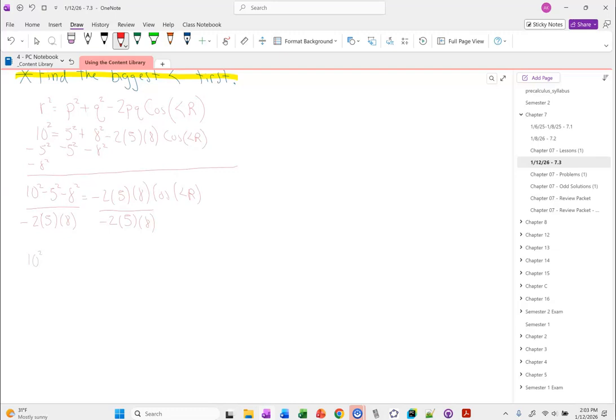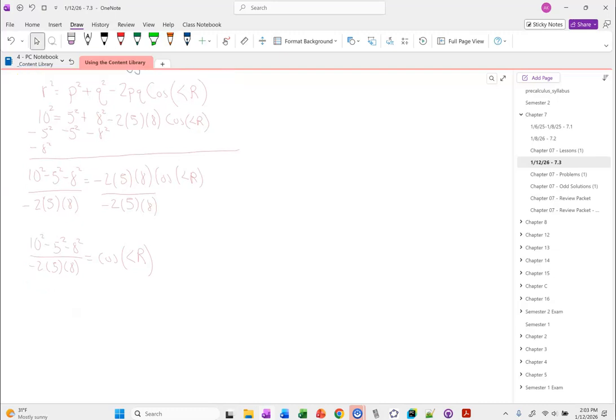And again, I know that negative 2 times 5 times 8 is just like negative 80, but I'm going to leave it as it is, without multiplying it out, because it's just going to go in my calculator anyway. Why go through the extra aggravation? Now, how do I get rid of that cosine out front of R? Yeah, I use cosine inverse.